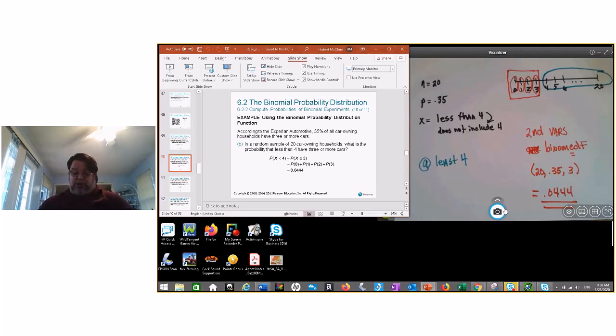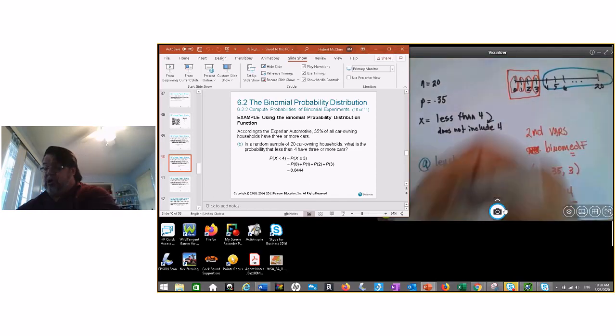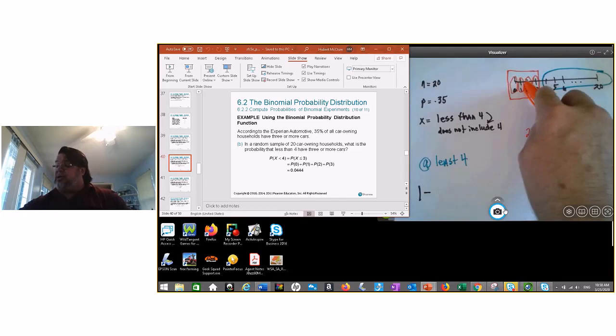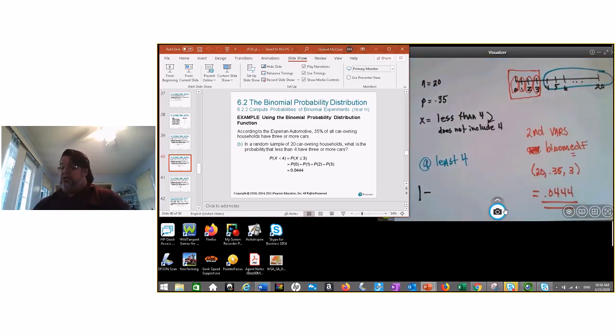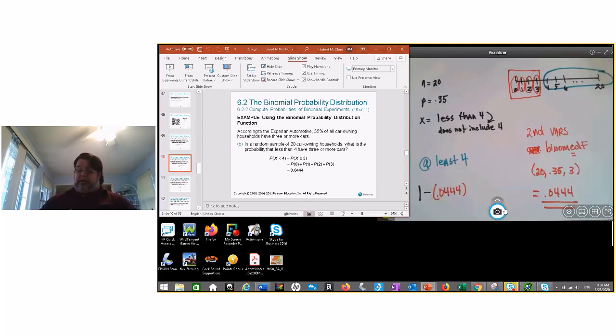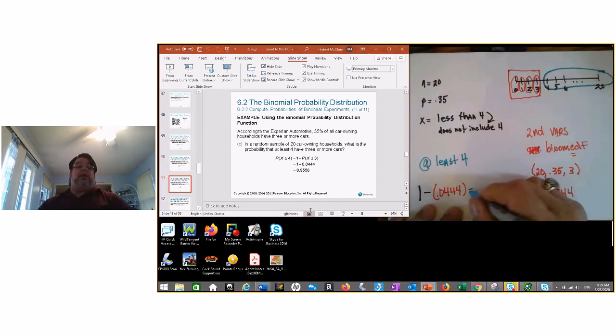Or you can do 1 minus what? 1 minus the orange, because the orange is this side and you need the blue side. So you can do 1 minus 0.0444, which is the complement, and that's equal to 0.9556.